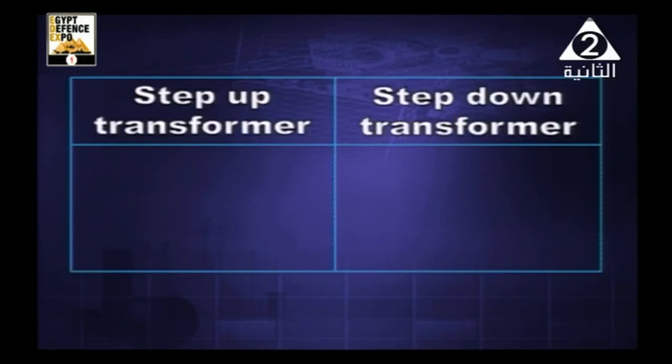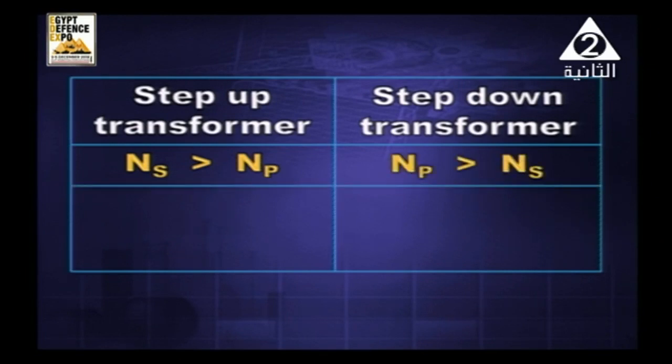And now let's make a comparison between step-up transformer and step-down transformer. First of all, the first point of difference is the number of turns found on the primary and secondary coil. The number of turns on the secondary is greater than that on the primary in the step-up transformer.